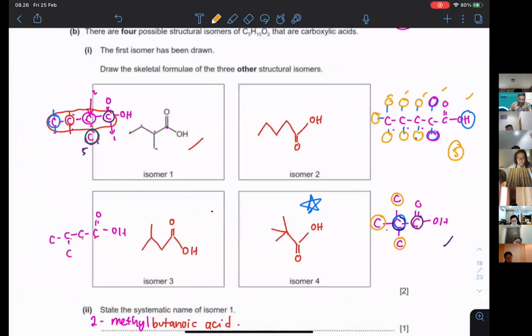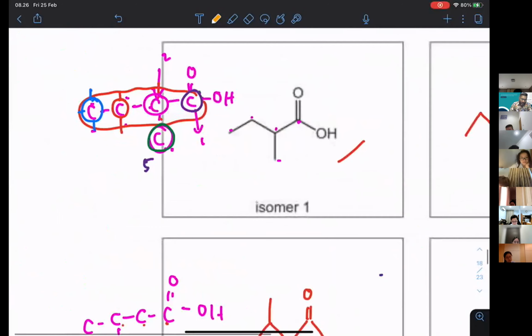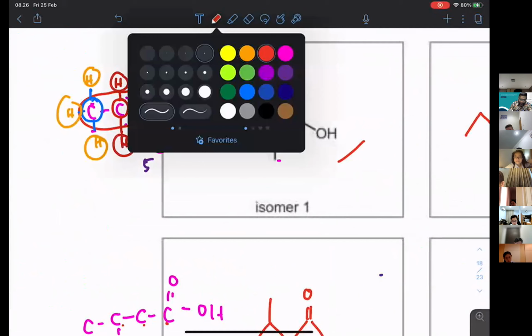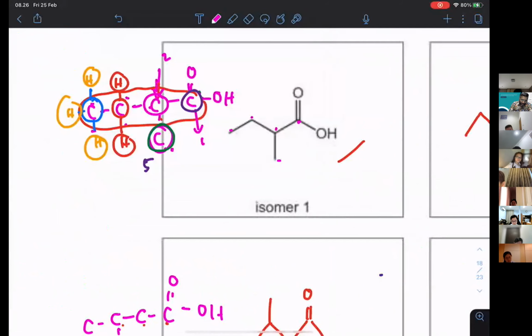Actually, this one they just give us carbon environment, but they say another one, so we try this one. CH3, so 1 environment. And then this is going to be another environment. And this is going to be 1 more environment.